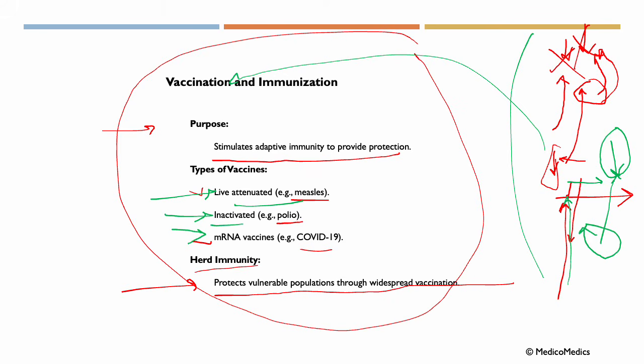When we have an inactivated vaccine, like in polio, these vaccines contain the virus or whatever bacteria that have been killed or inactivated. So they cannot cause disease, all right? They can't cause the actual disease, but they can still stimulate an immune response.